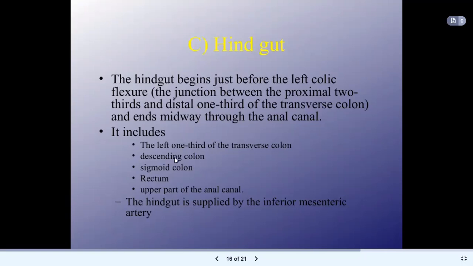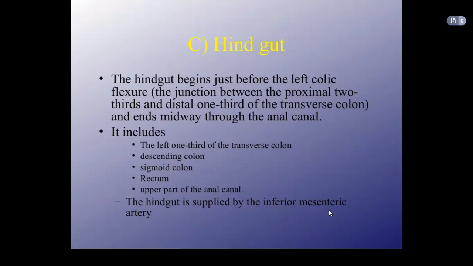And then you have your descending colon, your sigmoid colon, and your rectum, and then the upper part of the anal canal. The hind gut is supplied by the inferior mesenteric artery. Hind gut, inferior mesenteric artery. Mid gut, superior mesenteric artery. Foregut, celiac trunk. So don't forget that.